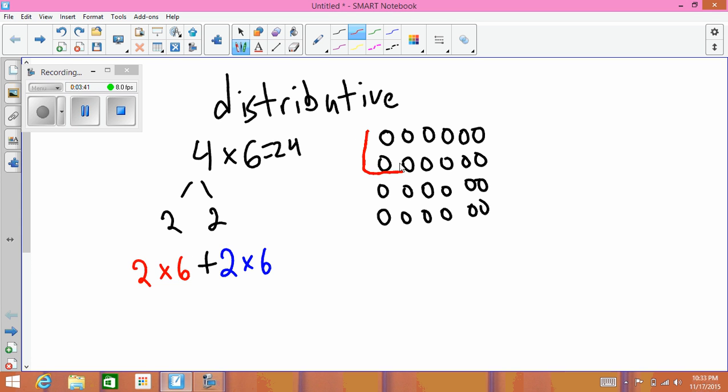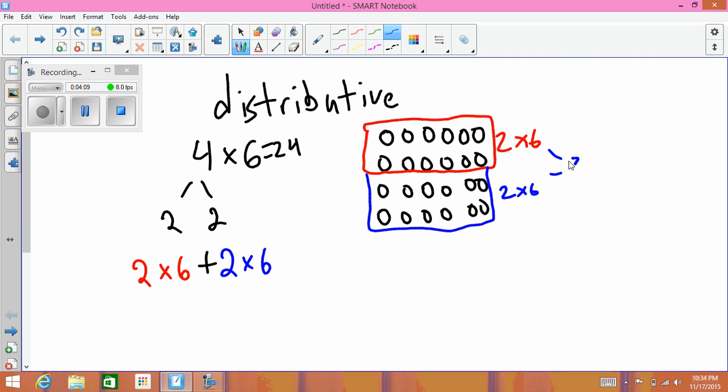So this represents 2 groups of 6. That's my 2 times 6. And I'm going to represent the 2 groups of 6 on the blue part here. This is my other 2 groups of 6. So to find my total number of objects, I've got to add this section and this section together to find how much I have altogether. So altogether, this would equal 24.